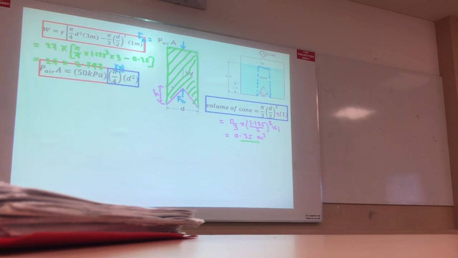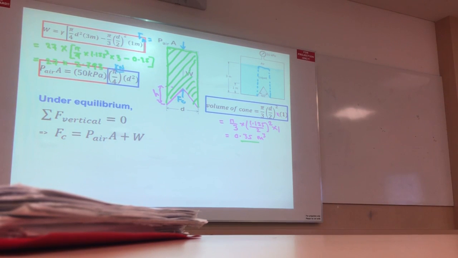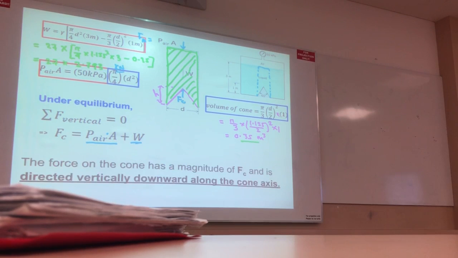Then the air pressure force, I showed you before, this number. Then under equilibrium condition I can write Fc becomes air force plus W. So Fc is 50 times pi by 4 times 1.155 squared plus W, which is 27 times 2.793.